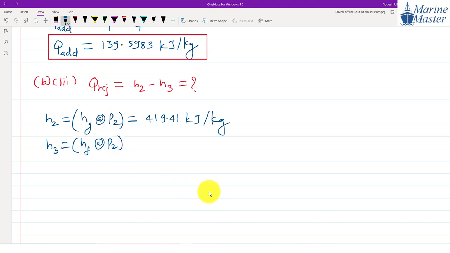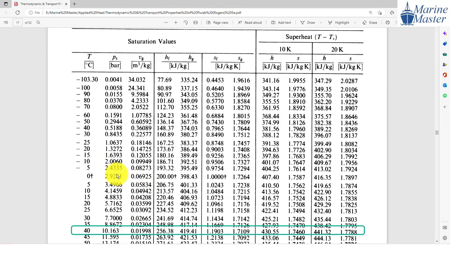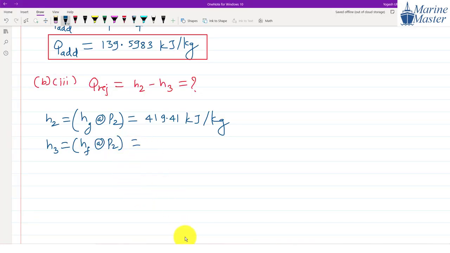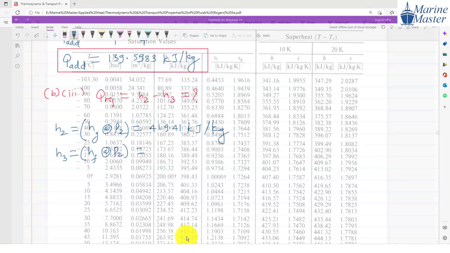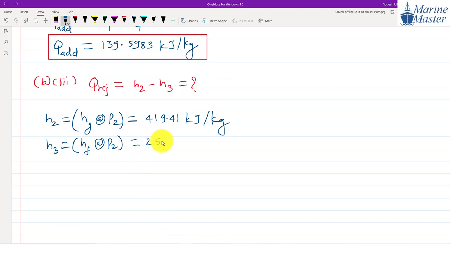Again we go to the property table: Hf at P2 pressure 10.163 is 256.38 kilojoule per kg.